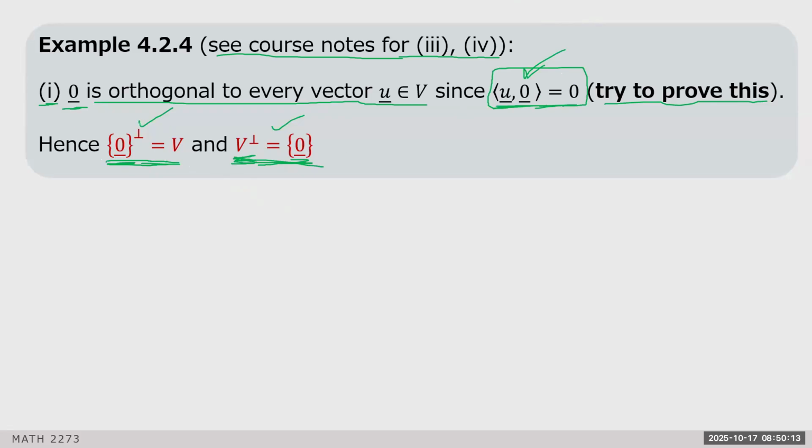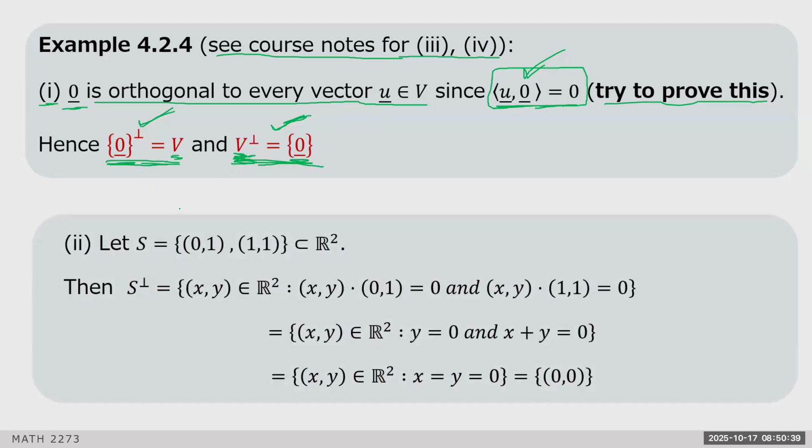If you understand why these two results are true, then you understand exactly what this orthogonal complement is. If you're looking for the orthogonal complement of the zero vector, it's the entire space. If you're looking for the orthogonal complement of the entire space, it's the zero vector.